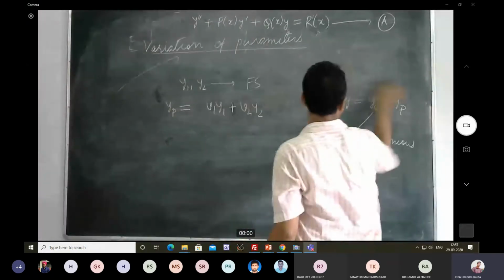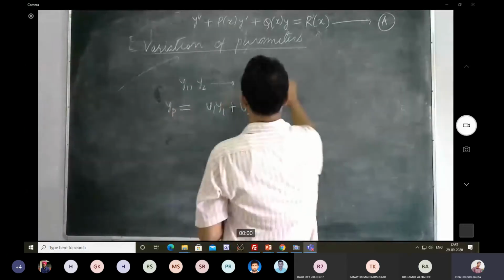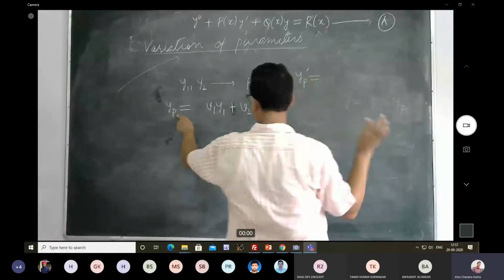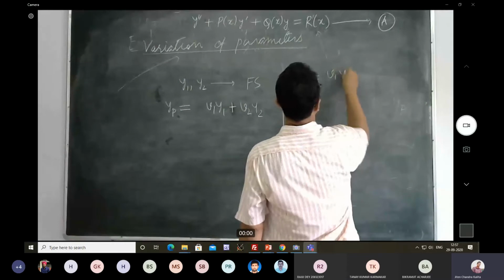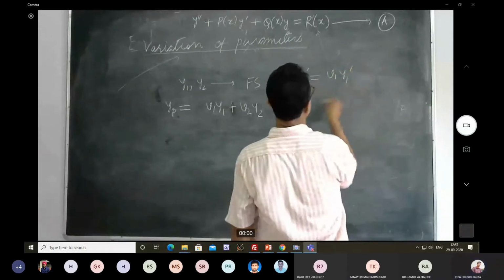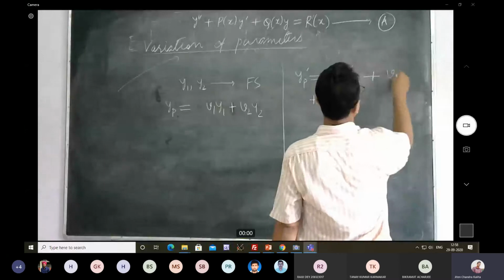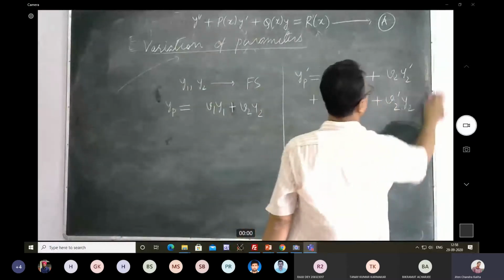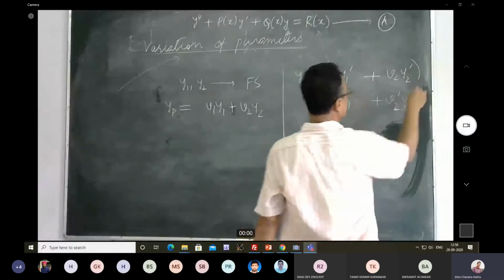If I differentiate it, please notice the way I am going to write it down: v1 y1 prime plus v1 prime y1, plus v2 y2 prime plus v2 prime y2. I can write it like this.